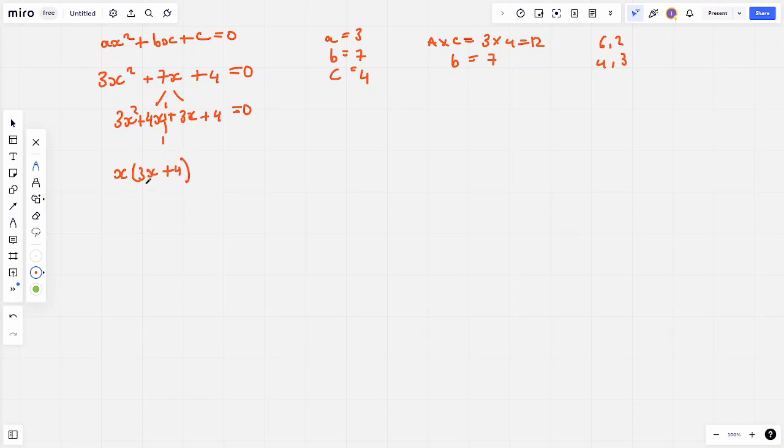Can you see that? So if we multiply that out, we get x times 3x, and then we've got plus 4x. If we clean that up, that's 3x squared plus 4x, exactly what is written in the first segment.